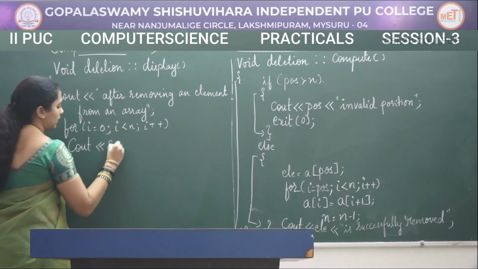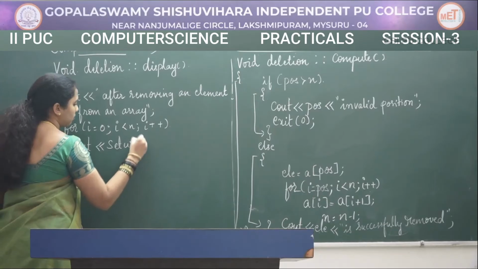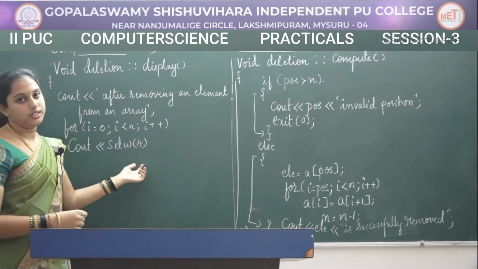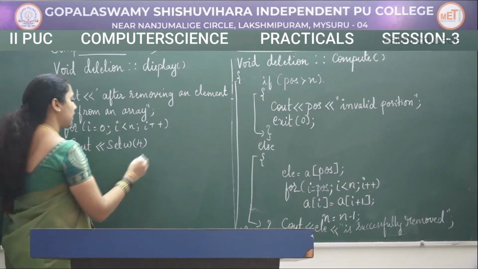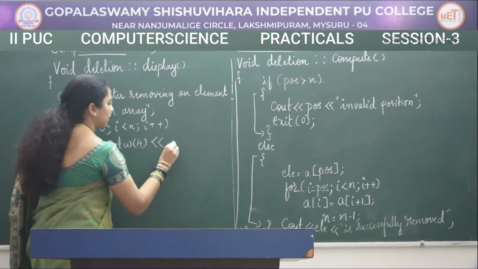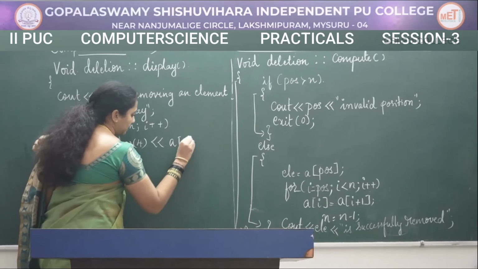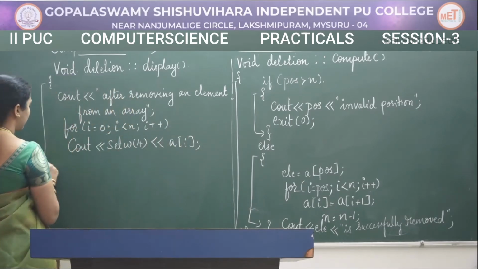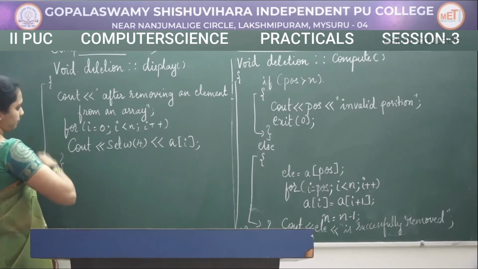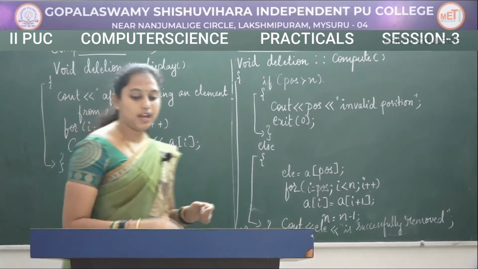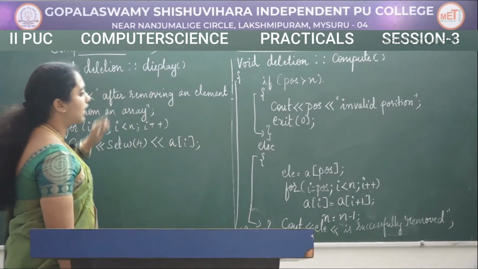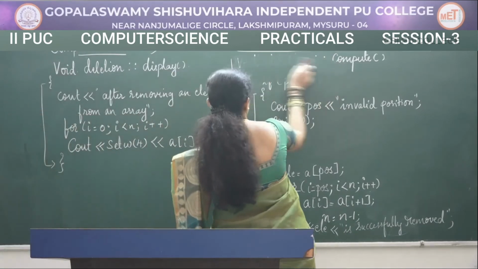See out, setw function I am using to set the field width between the array elements A of I. So close this function. Next we have to create an object for the class deletion.